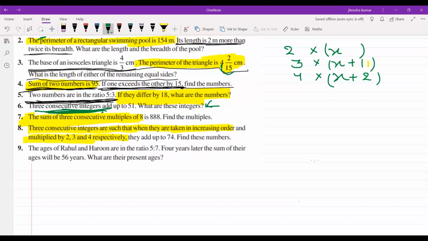So the equation is: x multiplied by 2, x plus 1 multiplied by 3 and x plus 2 multiplied by 4, equal to 74. This is the required linear equation. Now you can solve and find x. All of you please try.